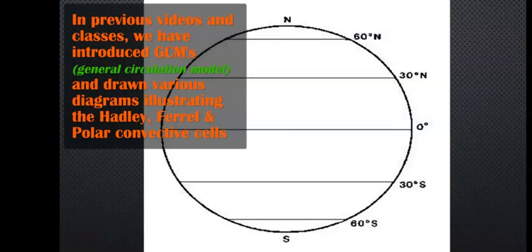So as a starting point, you in the classroom have this diagram given to you, and we started working on the Hadley, Ferrel, and polar cells as these 3 convective cycles or cells in the troposphere from the surface to the tropopause, which is roughly between 12 to 15 kilometers in the air, and the average temperature is minus 60 at that altitude.